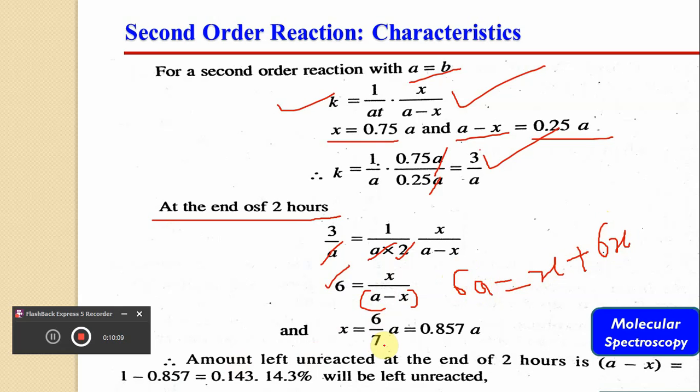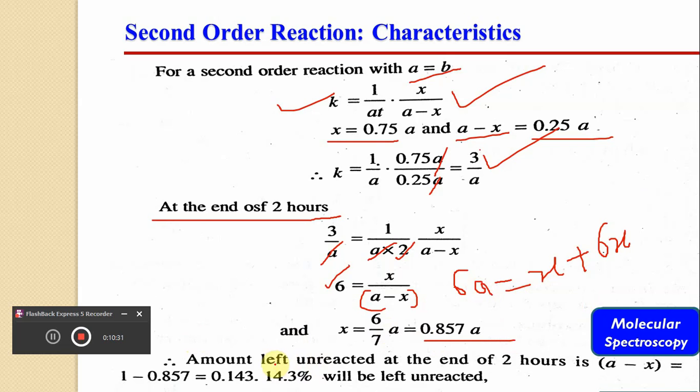I hope you can understand. 6a is equal to 7x. Therefore, x is equal to 6 upon 7 into a, and that will be equal to 0.857 of a.